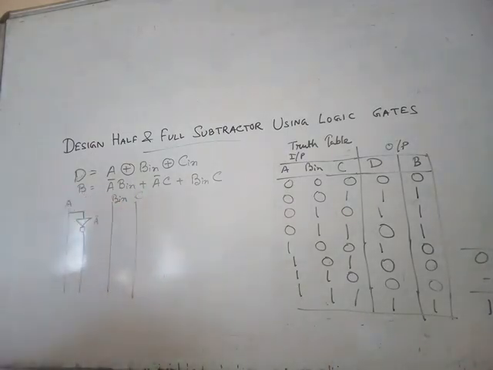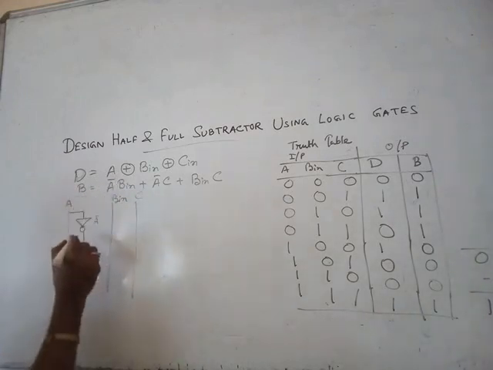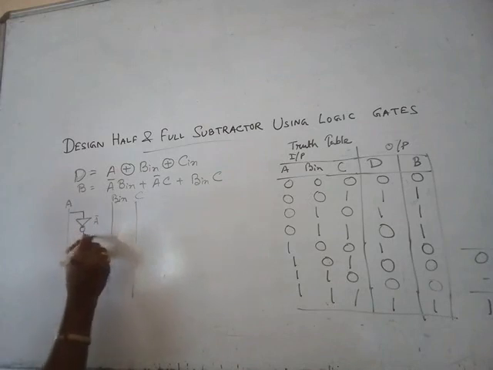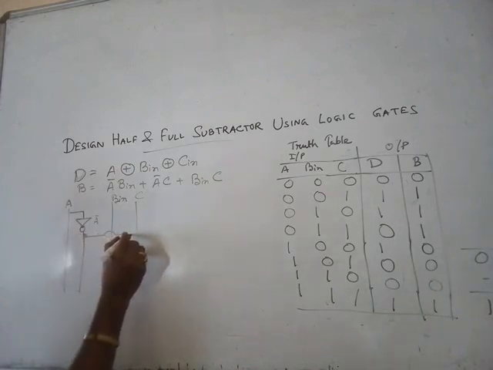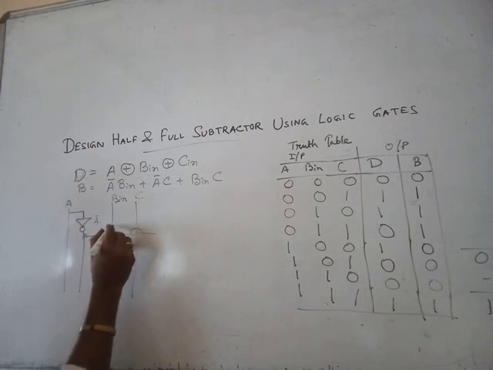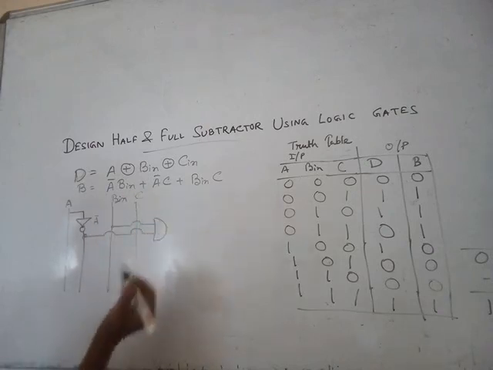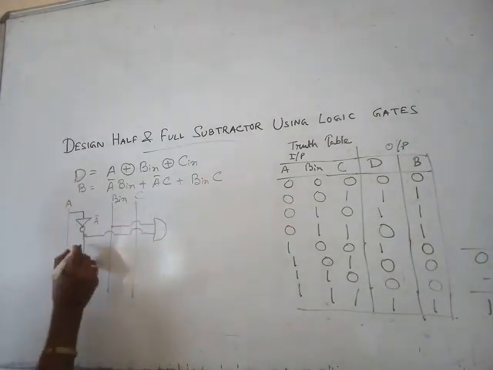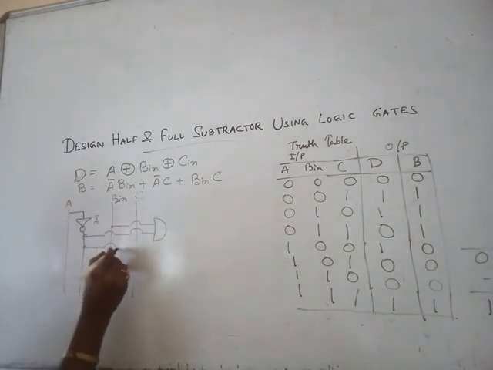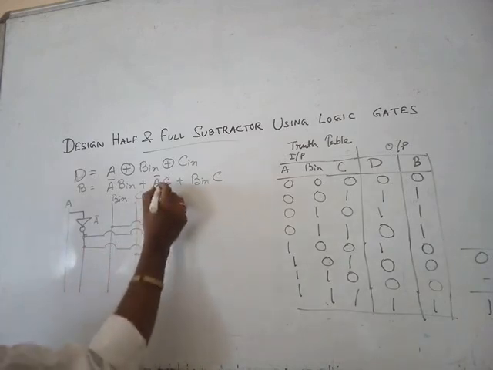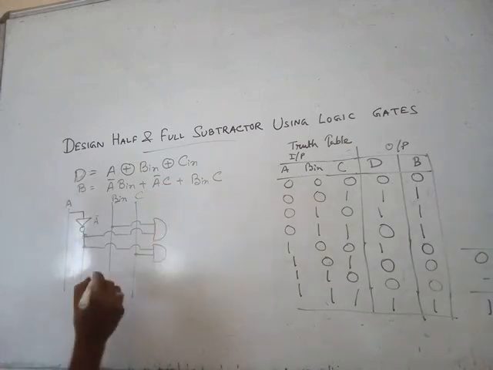First we design for B. A bar into B in, and next A bar C. It is dot, so it is for an AND gate. Next B in C.